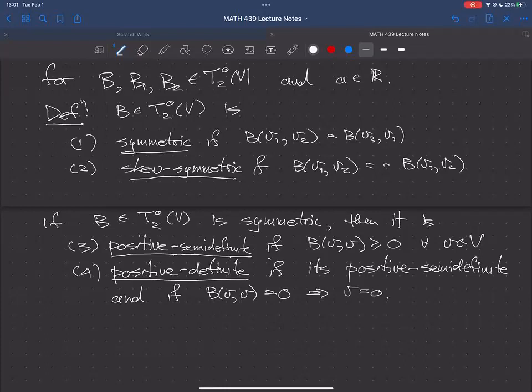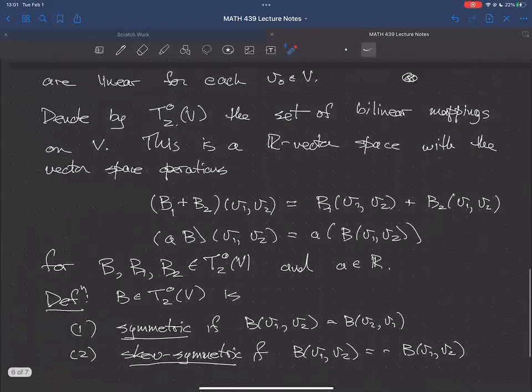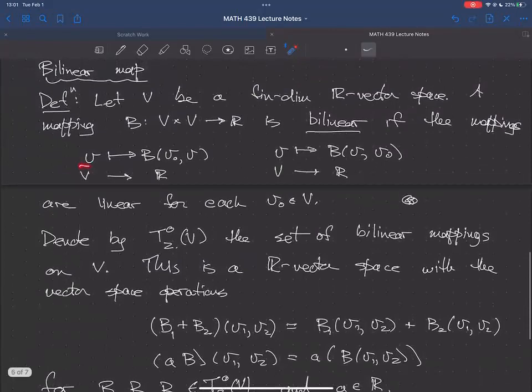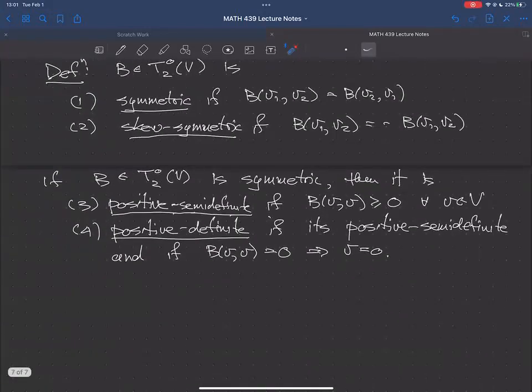Certainly if V is equal to 0, then this is 0. Why is that? That's just because bilinearity requires that that map be linear, so if you give 0 into a linear map, you get 0. So this is always true, and positive definiteness means that.